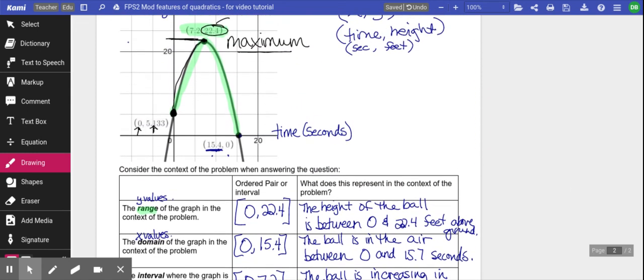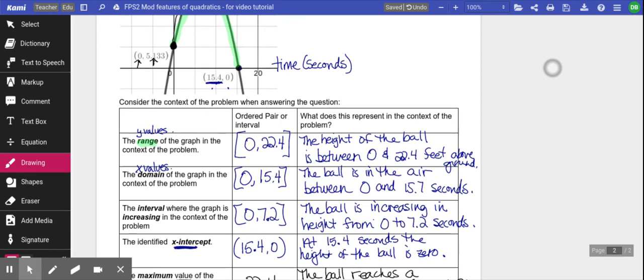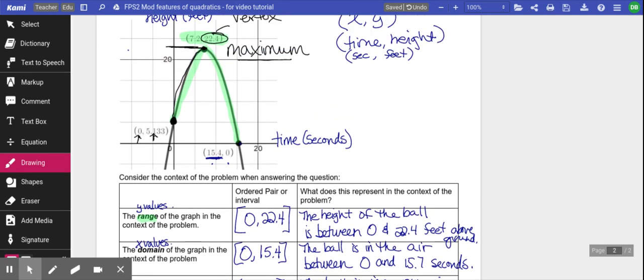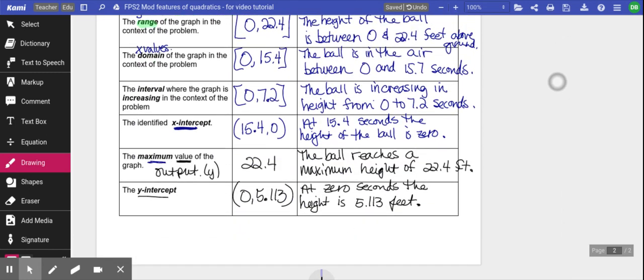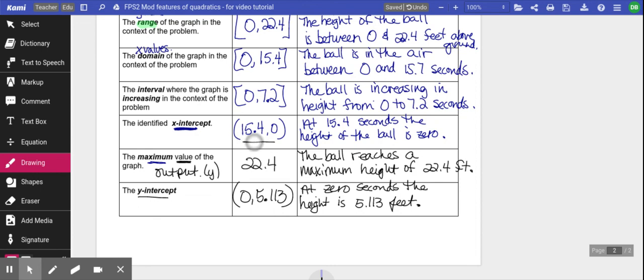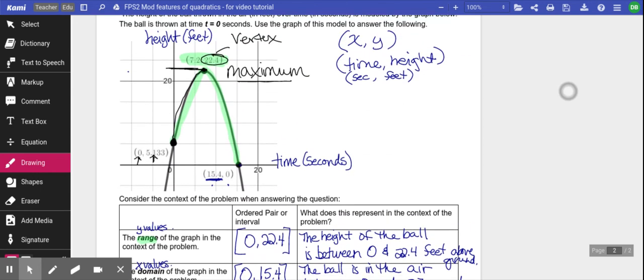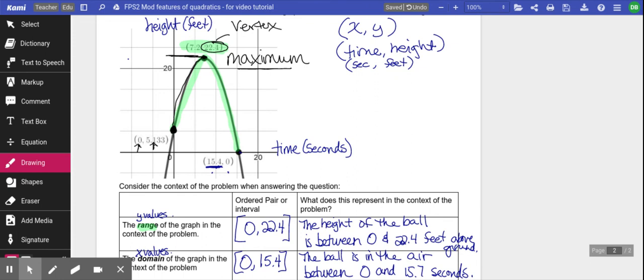All right, there's one more thing I want to point out. I kind of skipped over it, but I think it's important. When we were talking about x-intercepts, and we said our x-intercept was 15.4, 0, I wanted to point out that there also is another x-intercept right here.